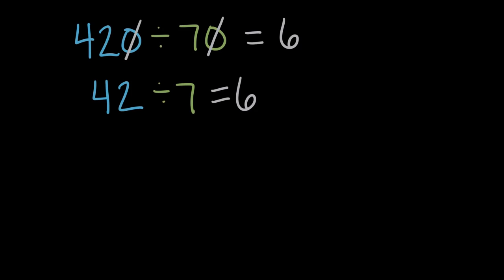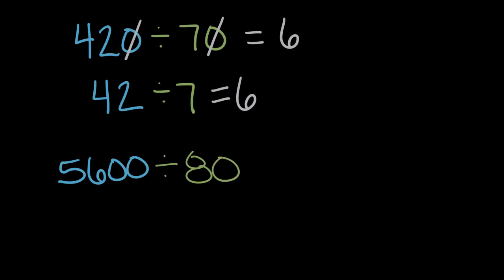And here's one last one. What if we had 5,600 divided by 80? So the first thing I notice is I have zeros at the end of both of my whole numbers. If I cancel out this one, I can cancel out 1 on the other side.